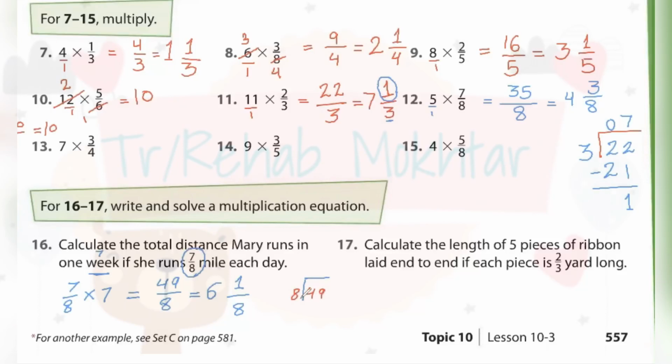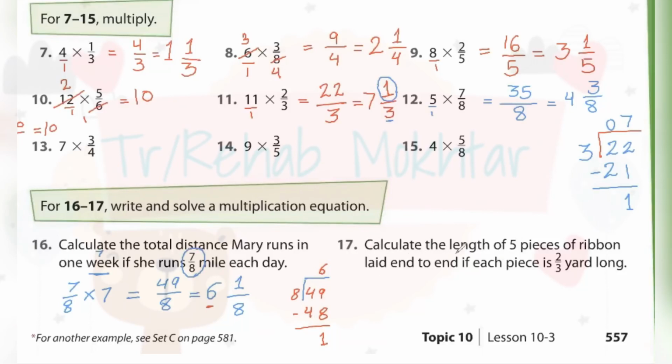I will try to find the number. When we multiply by 8, the product will be close and less than 49. 6 times 8 equals 48. Subtract 49 minus 48 equals 1. The remainder is less than 8, so my answer is correct. It will be 6, the remainder 1 out of 8.